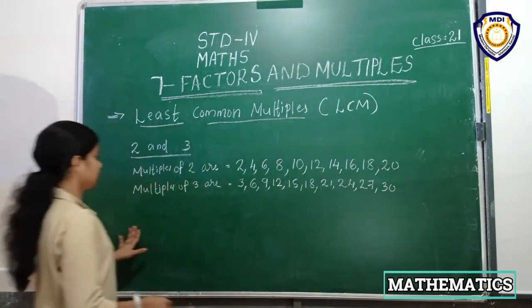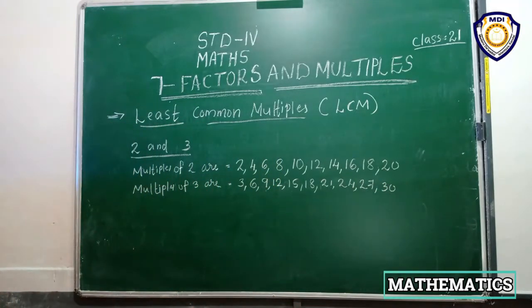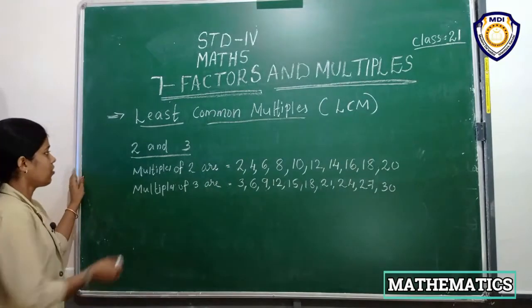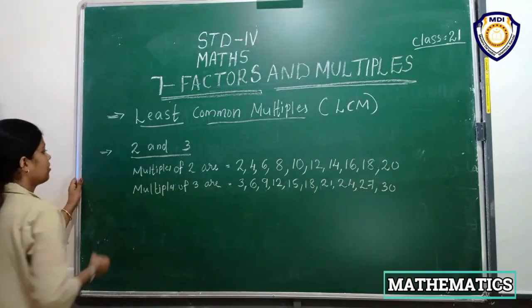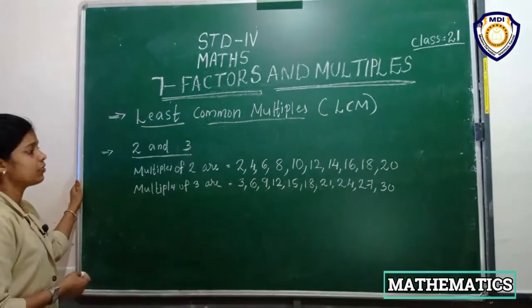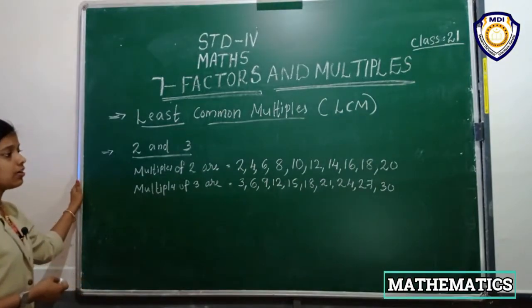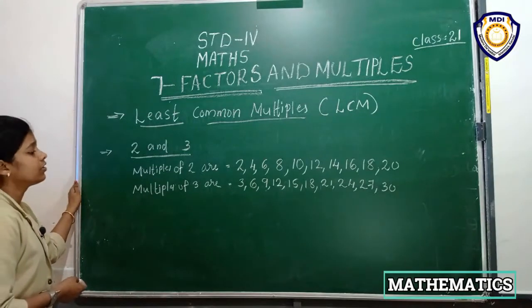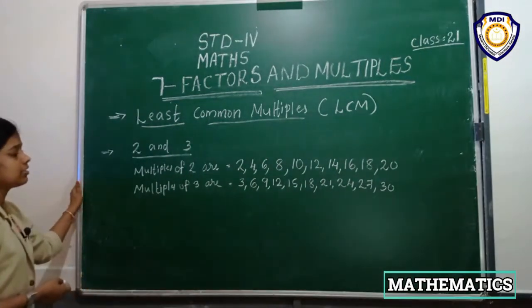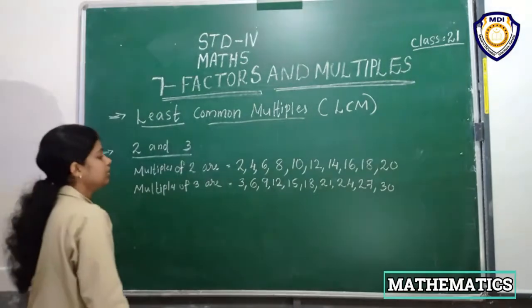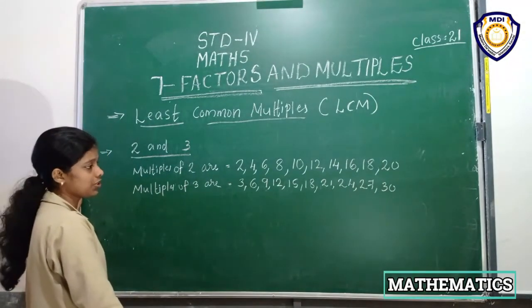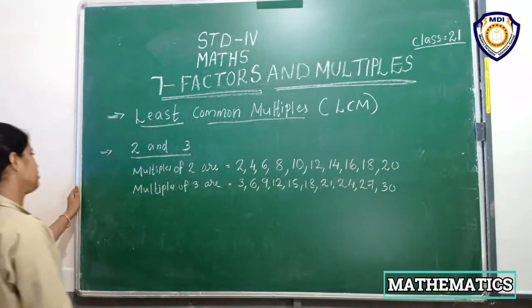Okay. Write it. Least common multiples, in brackets LCM, and the question is 2 and 3. Multiples of 2 are 2, 4, 6, 8, 10, 12, 14, 16, 18 and 20. Then multiples of 3 are 3, 6, 9, 12, 15, 18, 21, 24, 27 and 30. Write it.